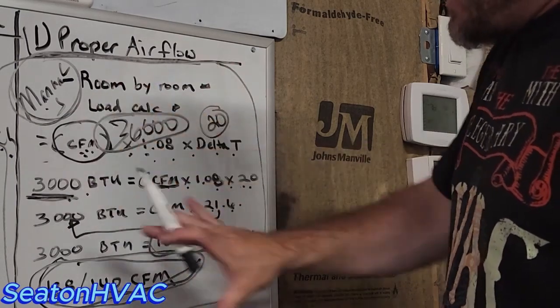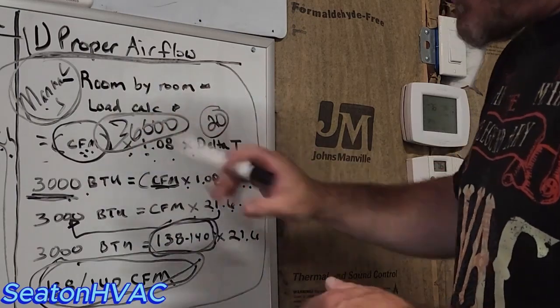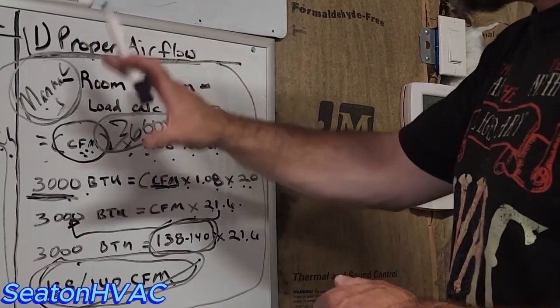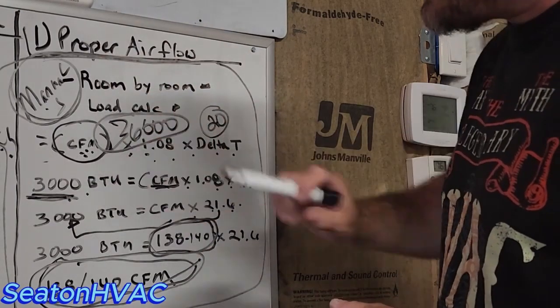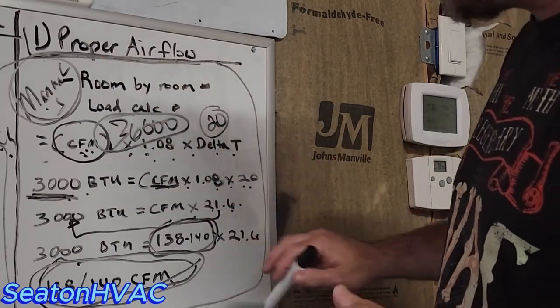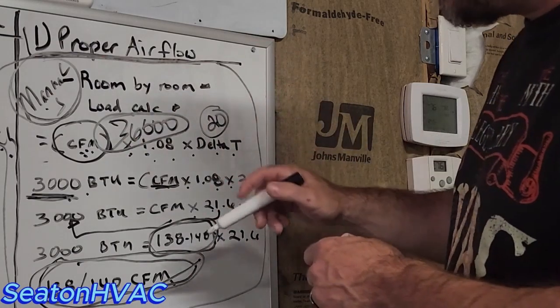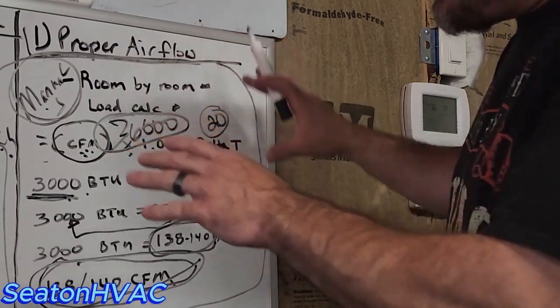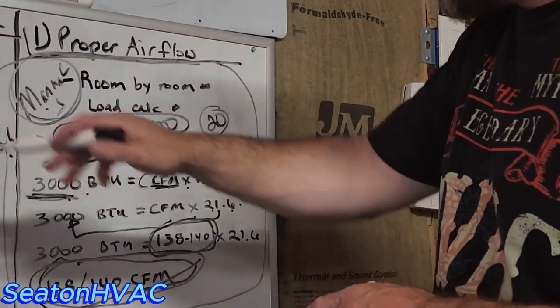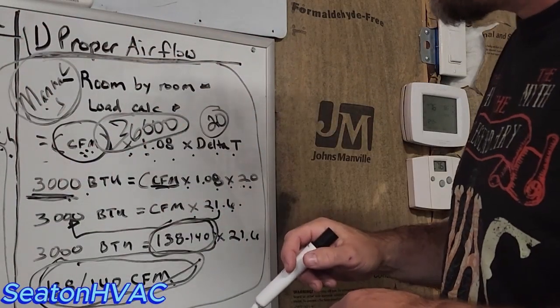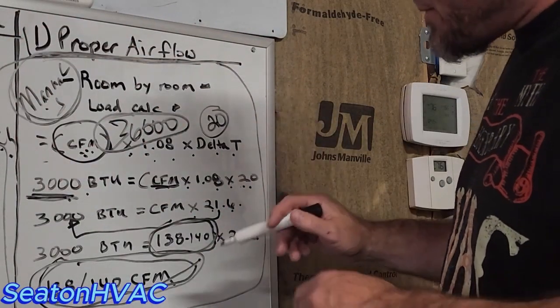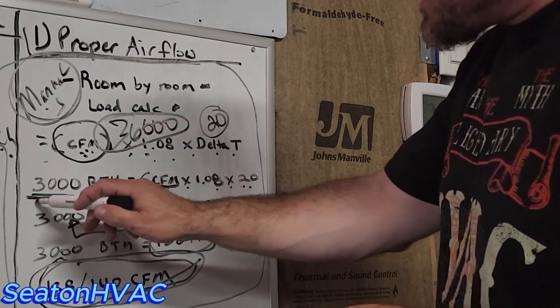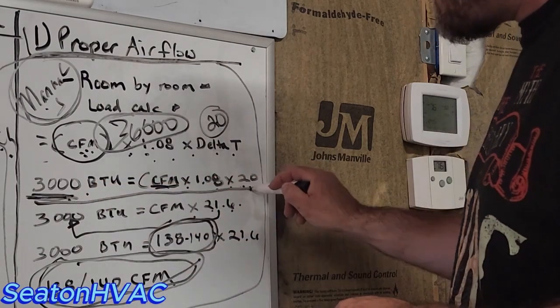So this is a beginning. Let me know if I need to explain it a little bit better. We'll get into this more as we do the actual designing of the duct, and I'll try to get a better layout. I might use this whole whiteboard, but I'm using half because I have some other personal information on this other side. So let me know if this makes sense to you guys. But this is where you want to start, right here.